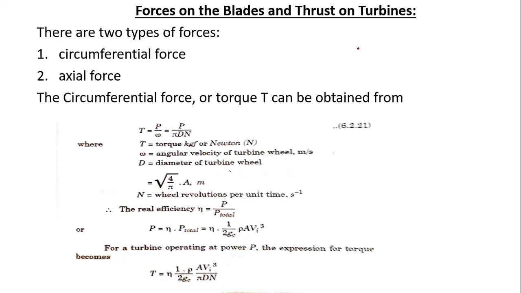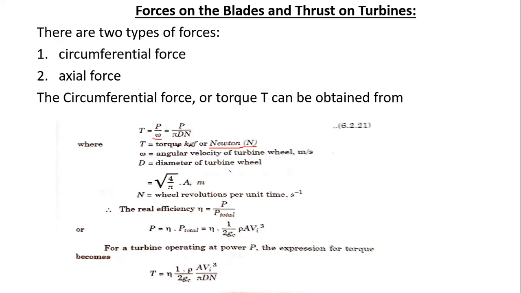The circumferential force or torque can be obtained as torque equals power divided by the angular velocity of the turbine wheel. We know from previous classes that T is equal to P by omega. Omega is pi d n, so substituting, T is equal to P by pi d n, where T is torque in newtons or kgf.